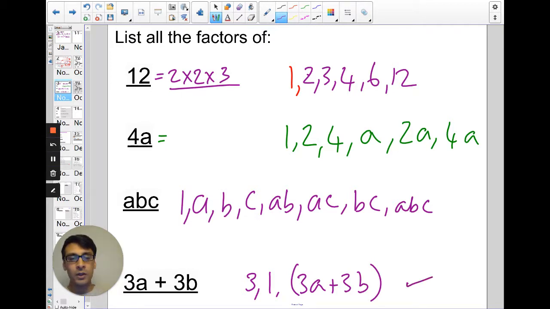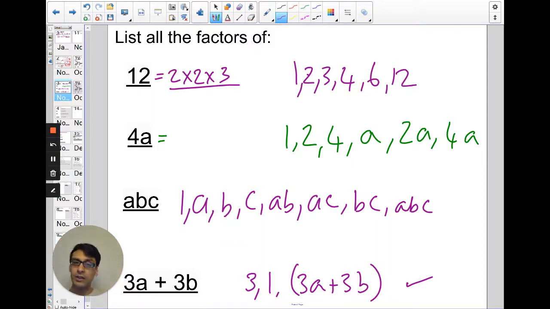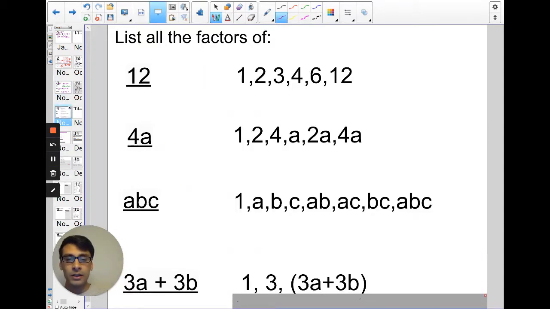So those are your answers. Make sure you tick your work. I want to make sure you have all the factors. If you missed any out, add them back in a different color so you know that you've missed them out. So when you revise, you can remember that's the stuff that you forgot. I've just written these out here as well, just in case you want the answers.